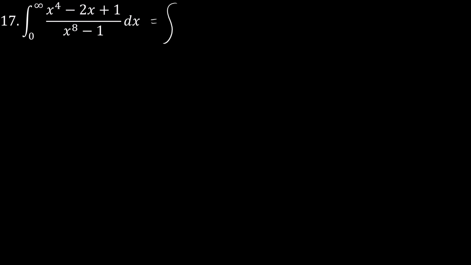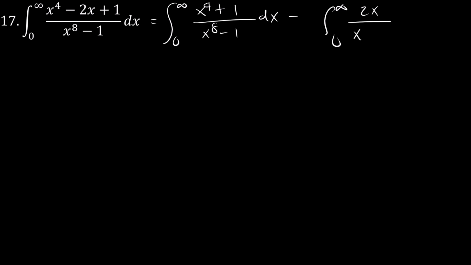Problem number 17, which is the definite integral from x equals 0 to x equals infinity of x to the power 4 minus 2x plus 1 over x to the power 8 minus 1. So this is actually interesting. How do we do that? First, I like to separate it: the integral of x to the 4 plus 1 over x to the 8 minus 1, minus the integral from x equals 0 to infinity of 2x over x to the 8 minus 1.